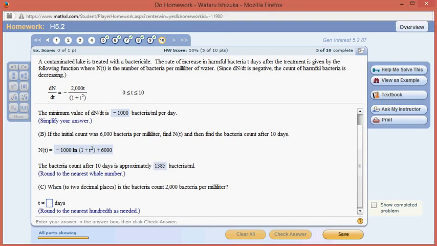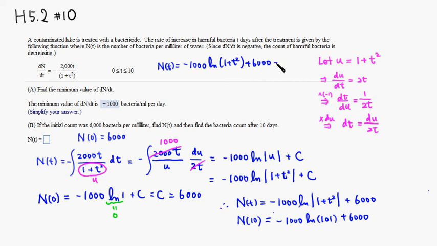So set that equal to 2000. By subtracting 6000 from both sides, we have negative 1000 natural log of 1 plus t squared is equal to negative 4000. And divide through by negative 1000.